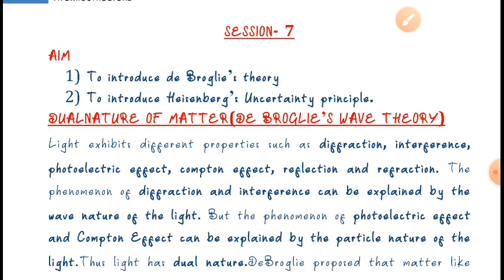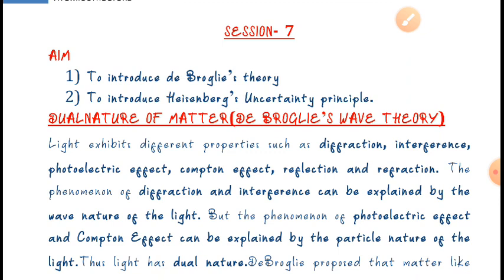So the photoelectric effect and black body radiation can be explained when we take light as a material particle, while diffraction, interference and polarization can be explained when we take light as a wave.